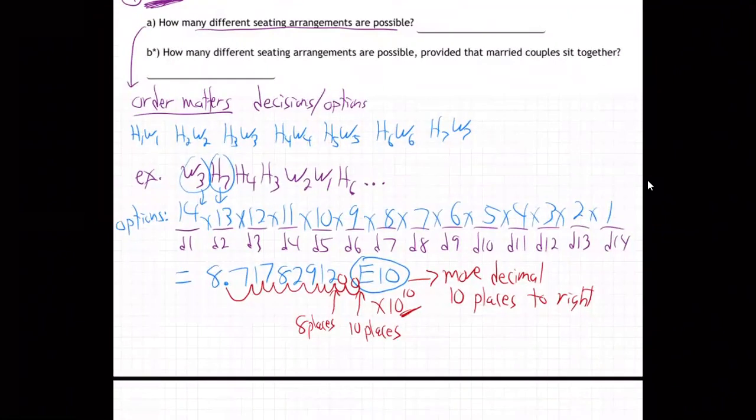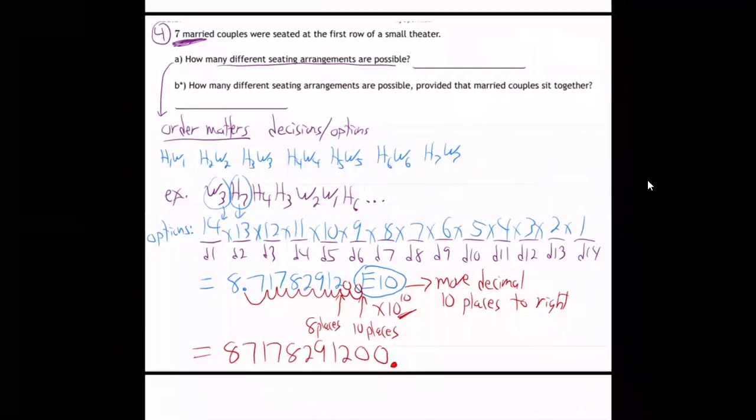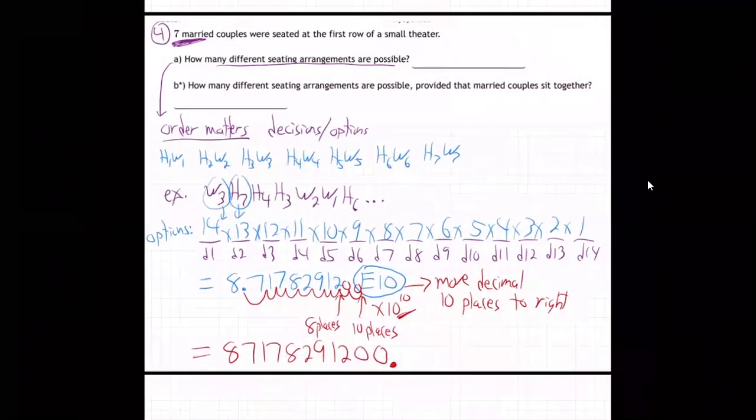So 10 places to the right, the number will become 87178291200. And the decimal ends up right there. So that's my answer to the first one, 87178291200. Gigantic number.